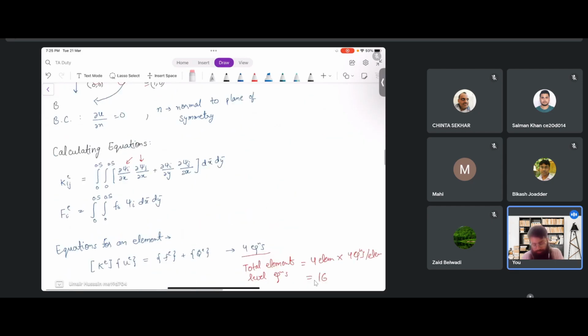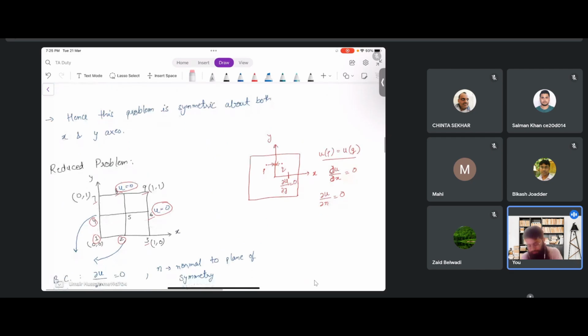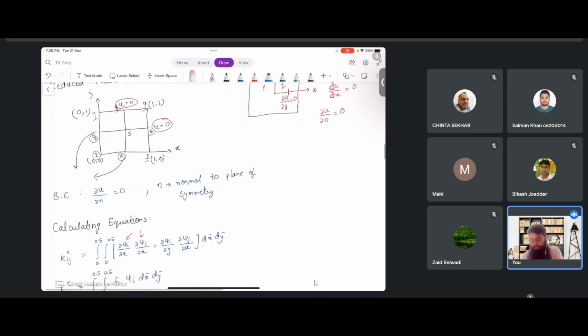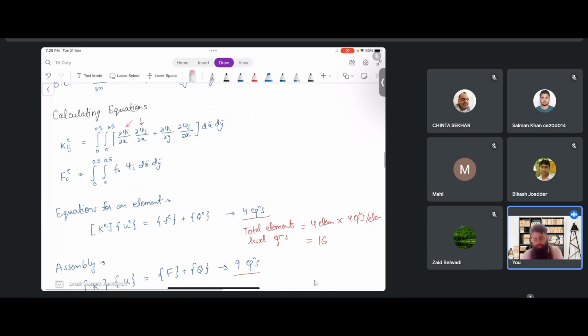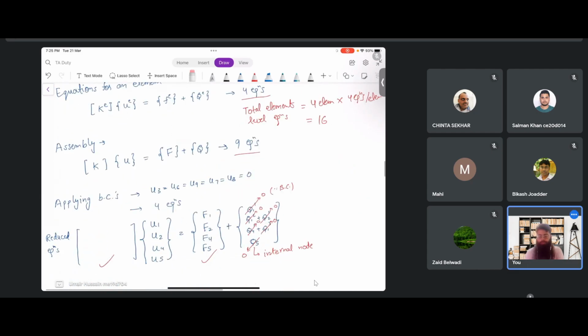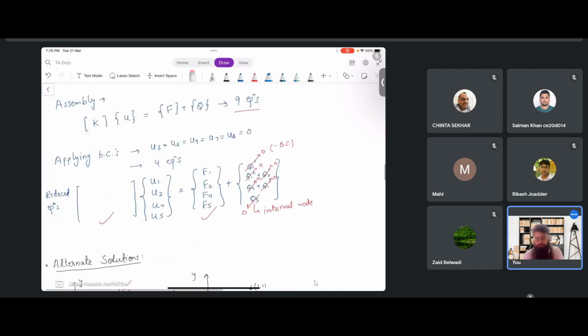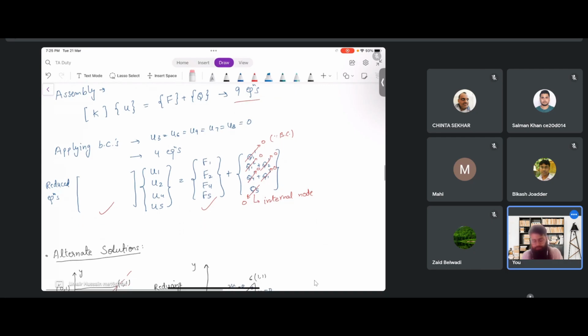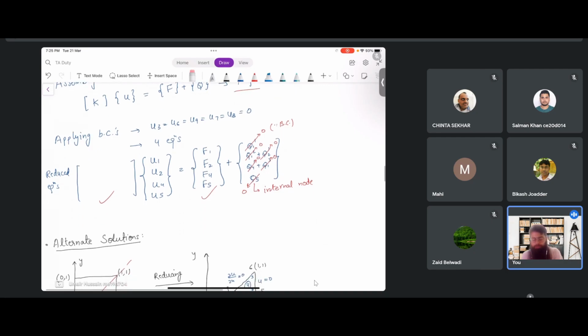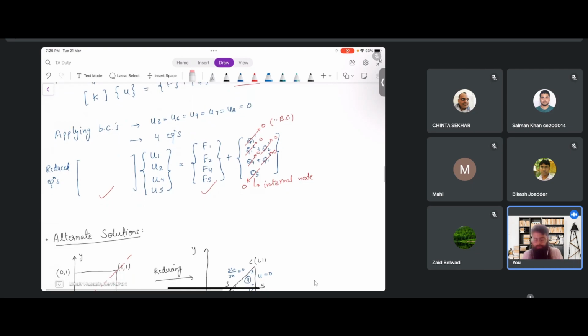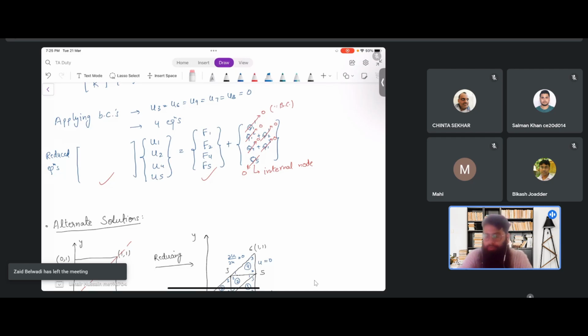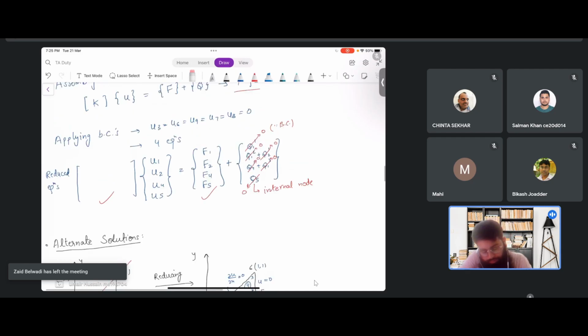Regarding the contribution for node 5, since it's an internal node, the net resulting force there, which is the summation of contributions from all the four elements, would be equal to zero. So for this given problem, the whole q vector would be zero. So now we know this vector also.